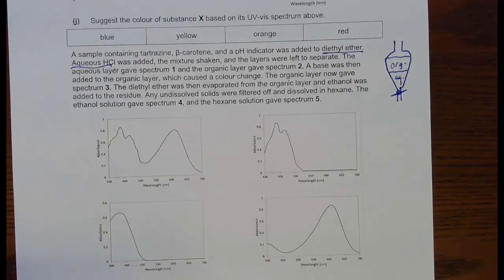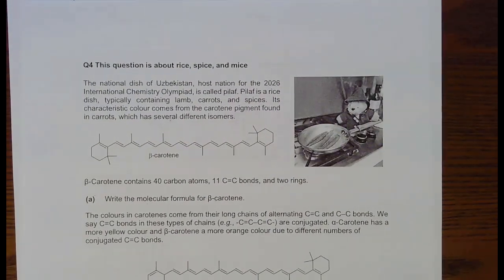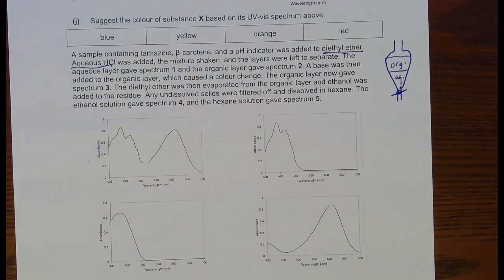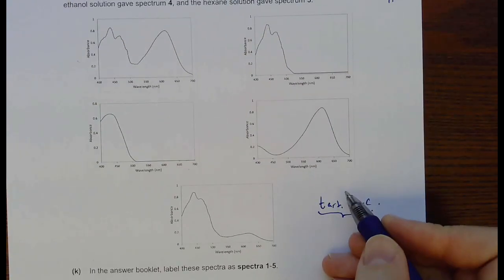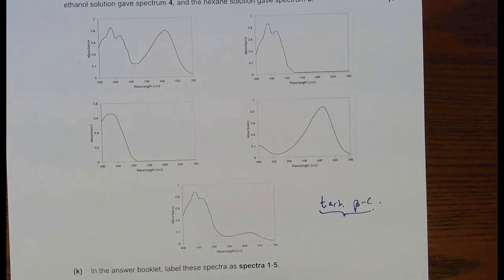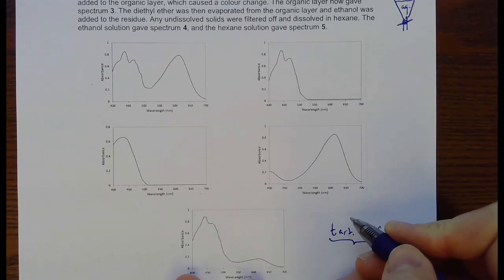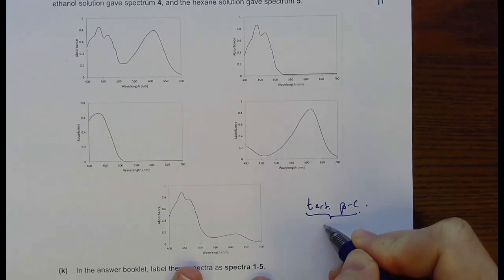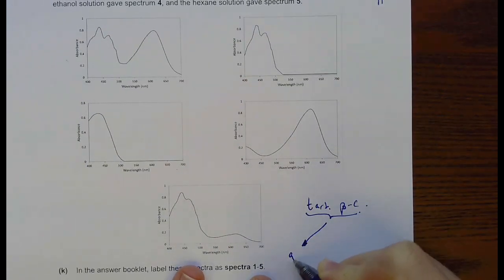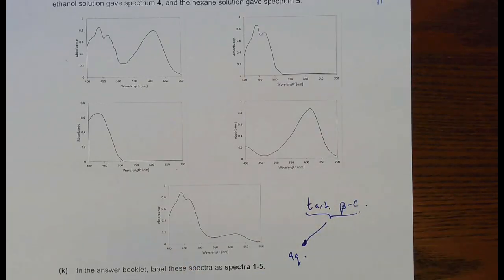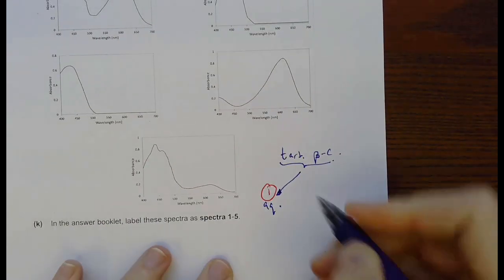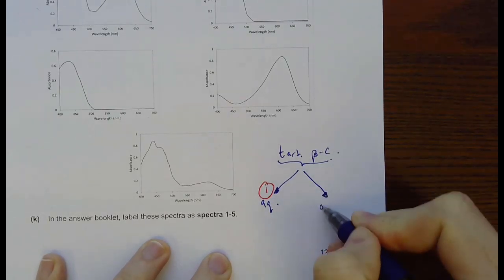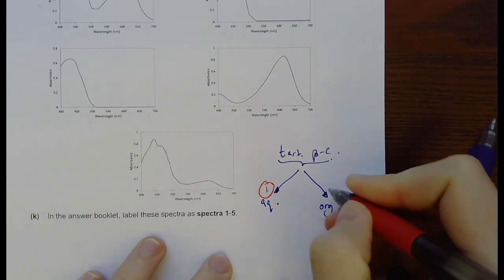No such luck for beta-carotene, so that will be dissolved by the organic solvent. So let's go back down to here. It's my schematic diagram. I'm told then that the aqueous layer gives spectrum number 1, so I'm going to give that number 1, and the organic layer gives me spectrum number 2.